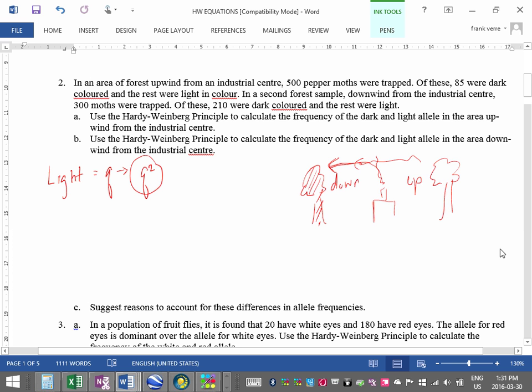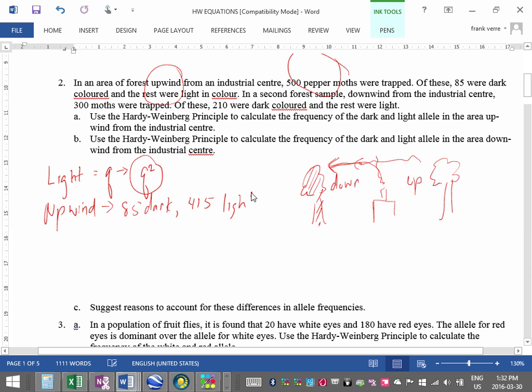So let's see. In the area that's upwind, we have 85 that are dark, but we don't use that. We don't want the information for the dominant one, we want the recessive one. So if you have 500 moths, that means 415 are what?